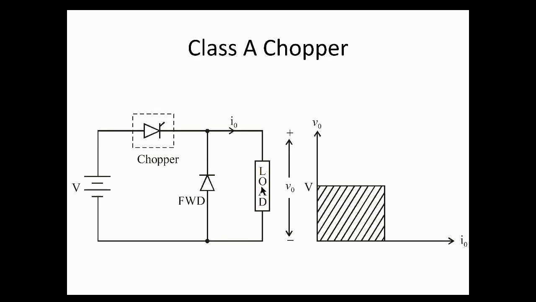After some time it will dissipate, and then the chopper will switch back on. Right, so you will have some amount of energy there. Depending on the timing of this chopper, the energy stored is dissipated at that rate.